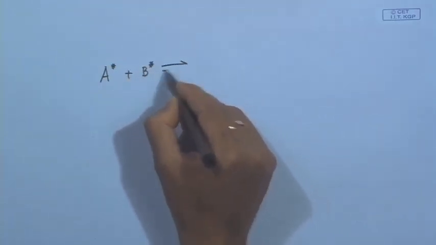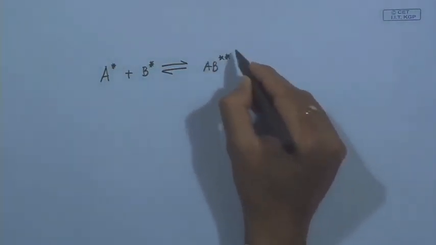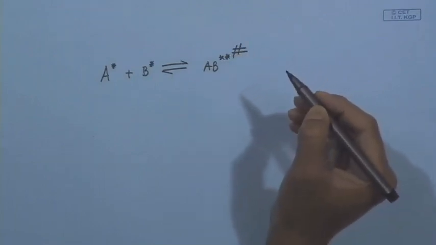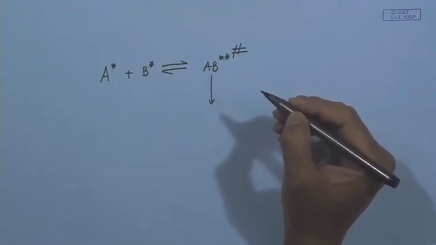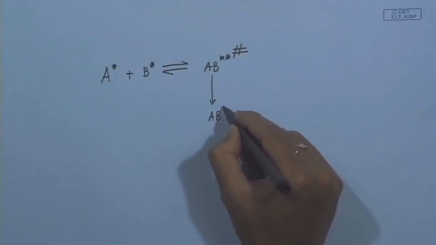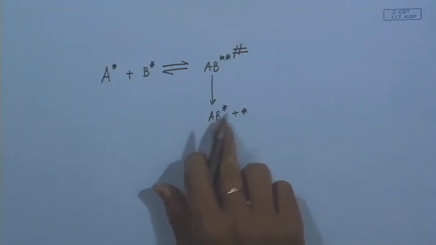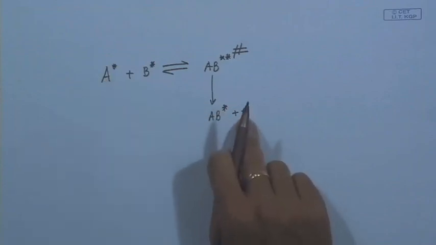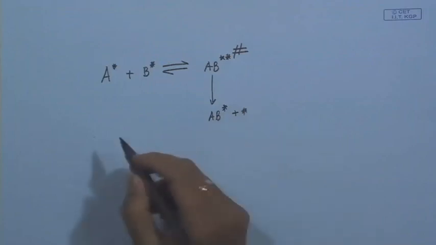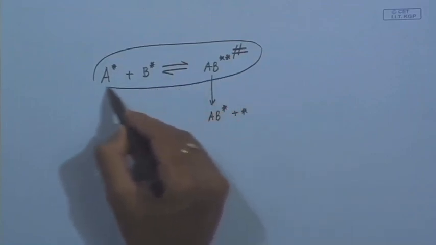These two are adsorbed onto the surface, giving rise to the activated complex, both adsorbed. Then this will undergo reaction to give you AB star plus a star, meaning they combine to form adsorbed AB, and the position which was occupied by A is now left open. So this first step is the equilibrium.